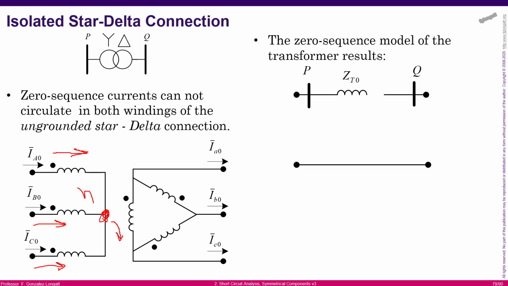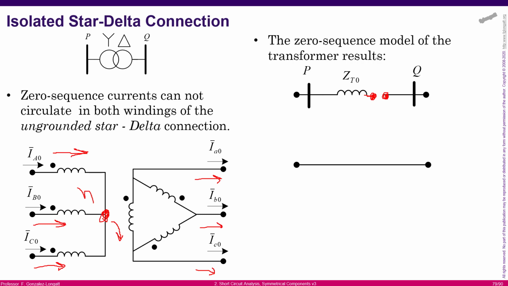That situation is represented here with this open circuit. That open circuit means that here we cannot have zero sequence, and also on the other side, the delta side has no neutral point, so it is also impossible to have zero sequence components. Coming back to the model, typically we include the zero sequence impedance of the transformer where the star connection is located.